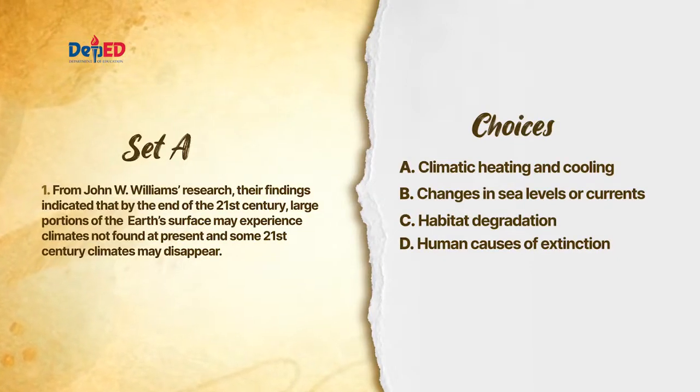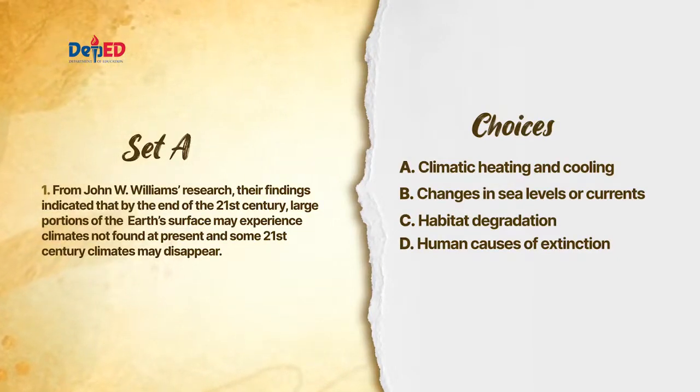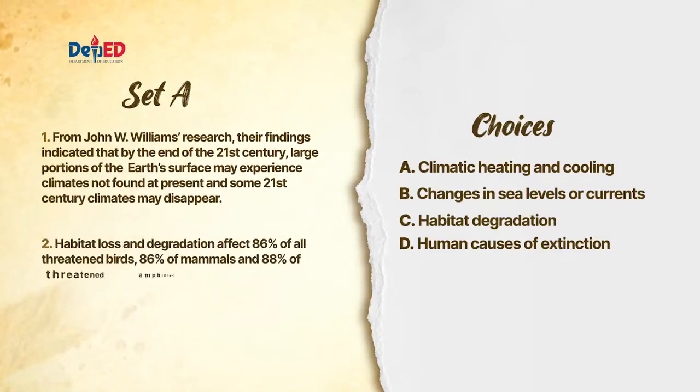From John W. Williams' research, their findings indicated that by the end of the 21st century, large portions of the Earth's surface may experience climates not found at present, and some 21st century climates may disappear. Number 2.